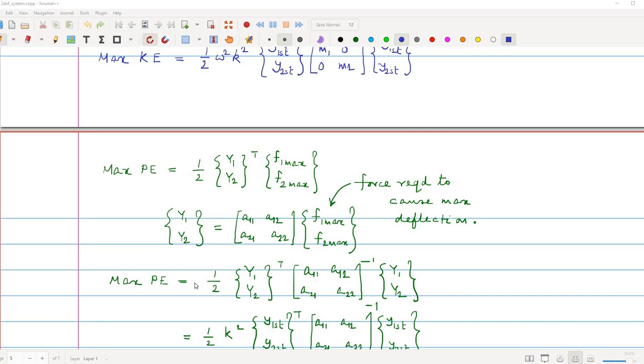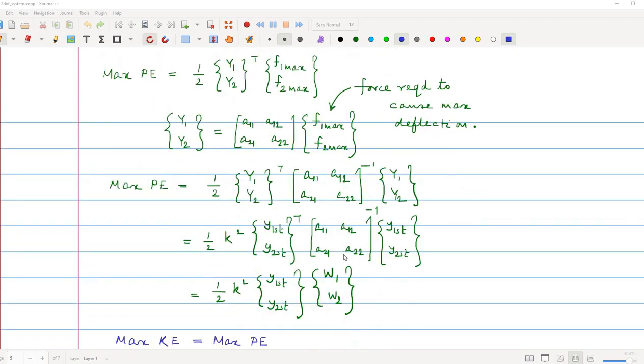That means the maximum potential energy is, you replace this by A1, A12, A21, A22 inverse, Y1, Y2. And again, now you know the dynamic shape is proportional to the static shape. So this is k into this, and this is again k into this. So this is k square y1 static, y2 static transpose.